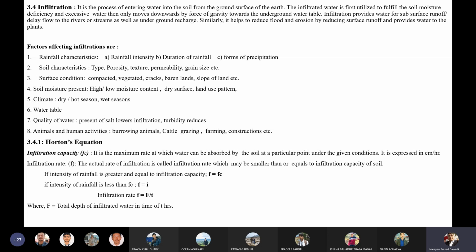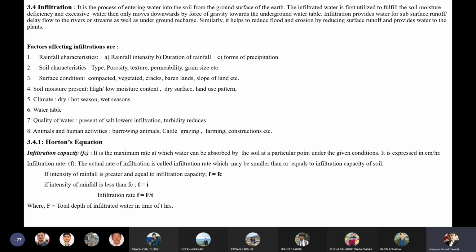That is, the infiltration rate will be equal to the rate of intensity, and all the water fallen from the precipitation will be absorbed by the soil.